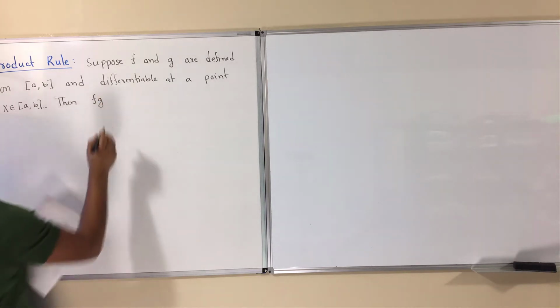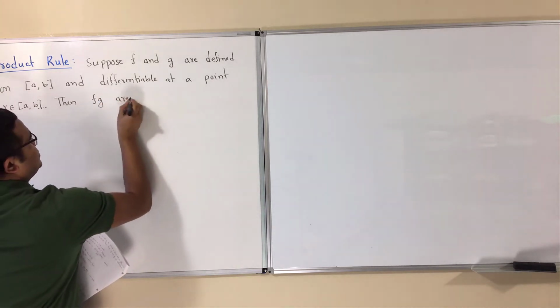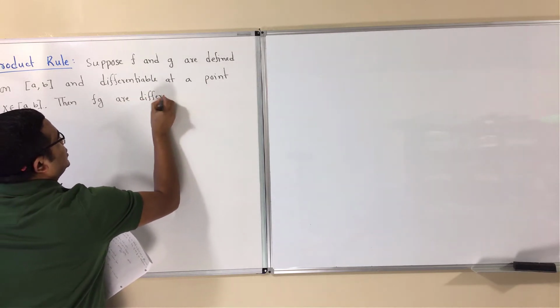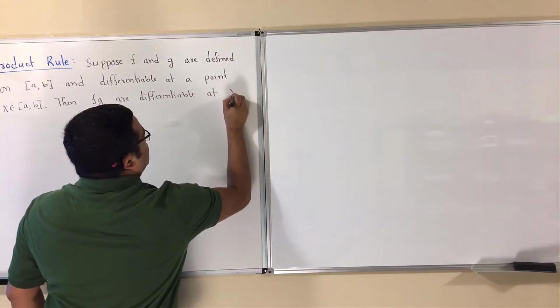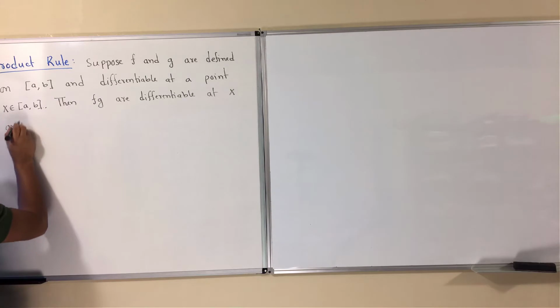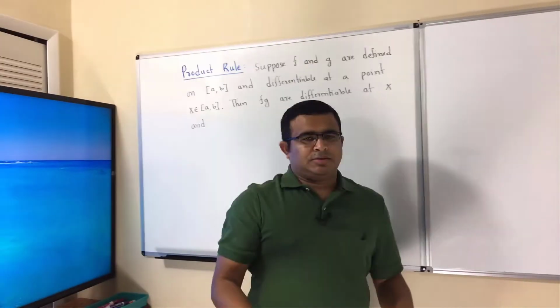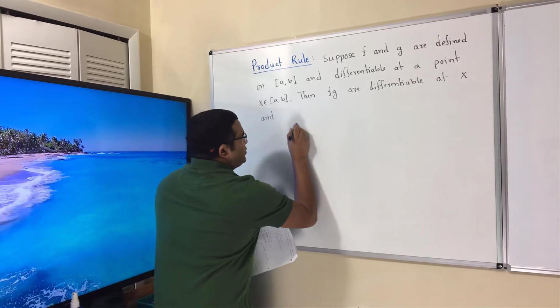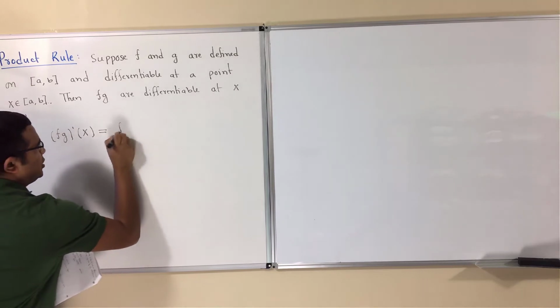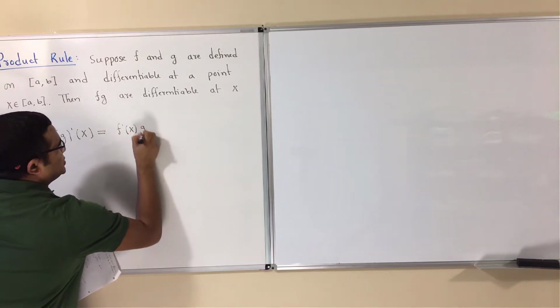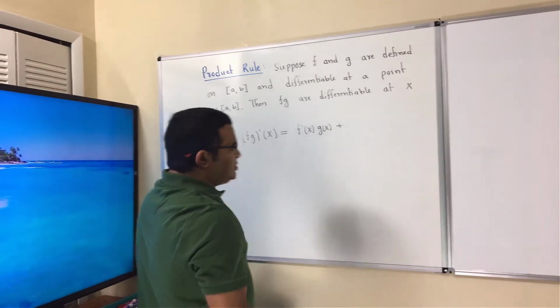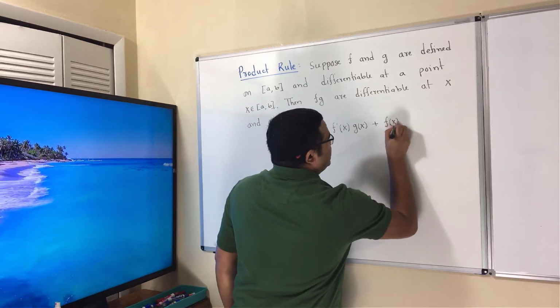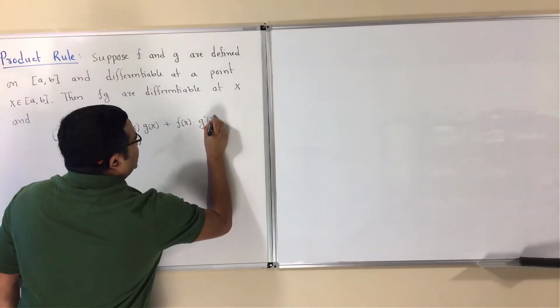fg, their product fg, is differentiable at x and the formula is: (fg)' of x equals f prime of x times g of x plus f of x times g prime of x.